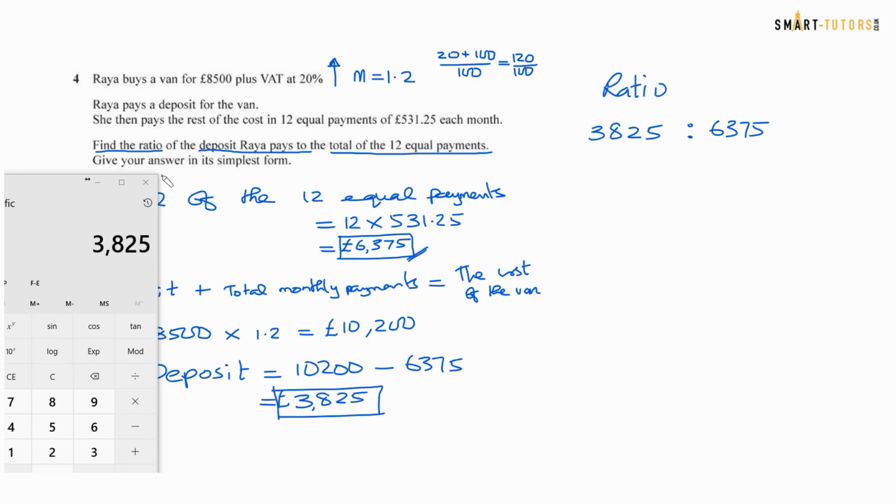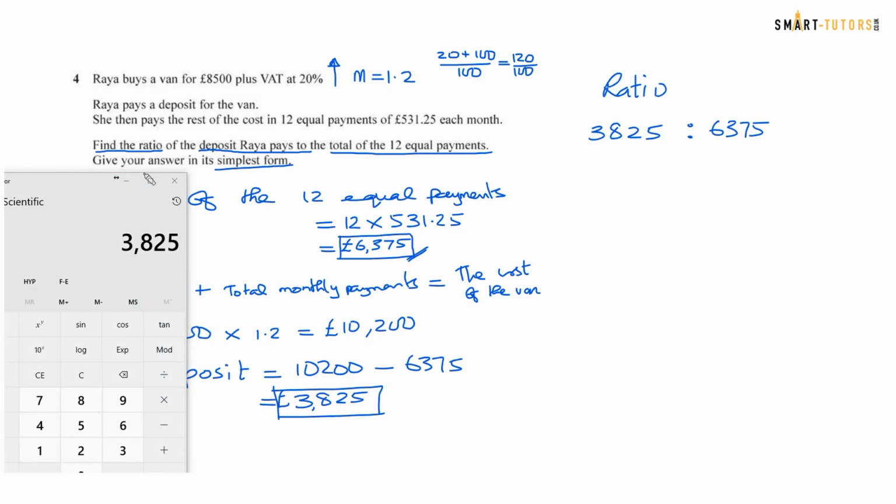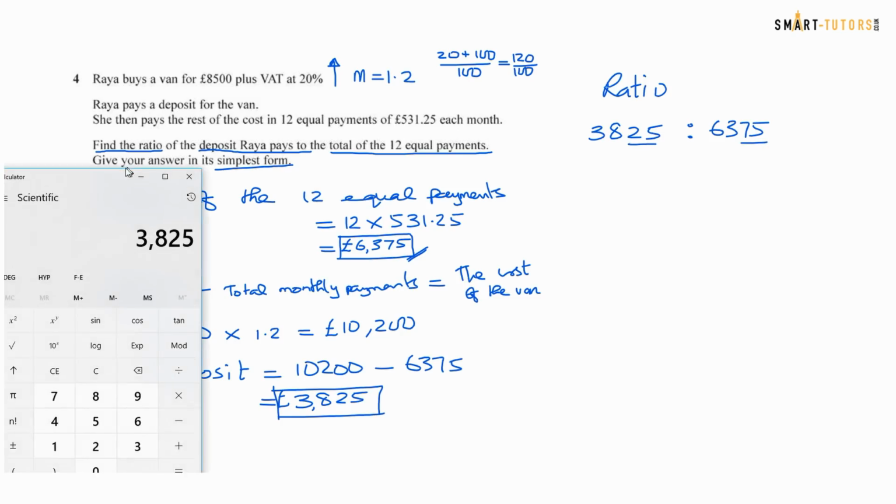Some used the 10,200. So recheck the question. They only ask for the total of the 12 equal payments, not the total cost of the van. So the total of the 12 equal payments is 6,375.